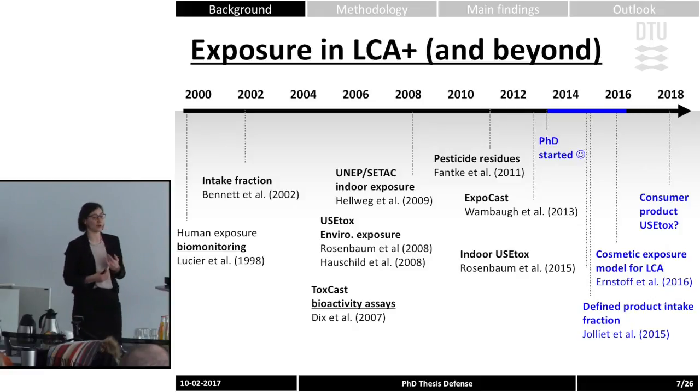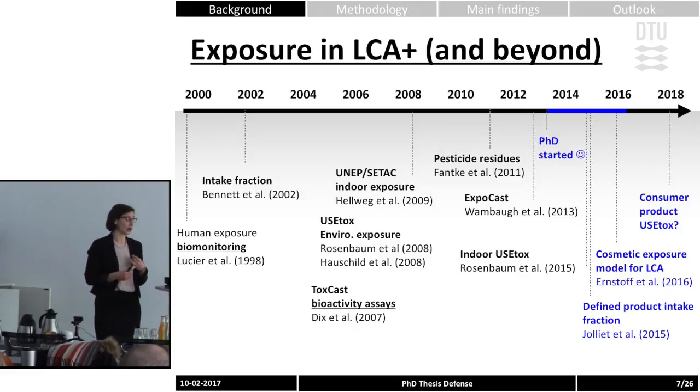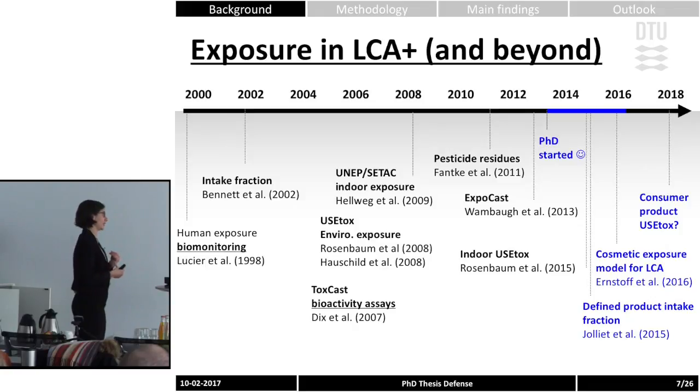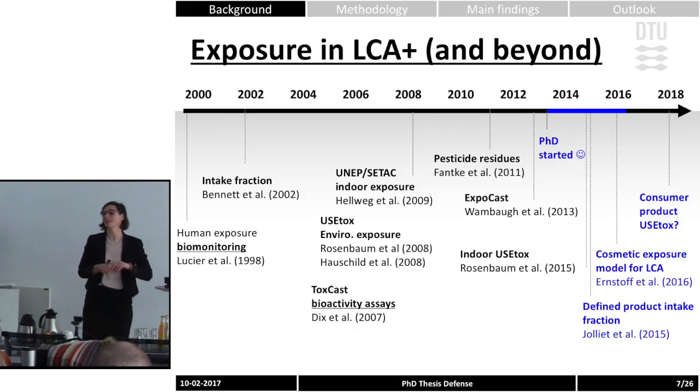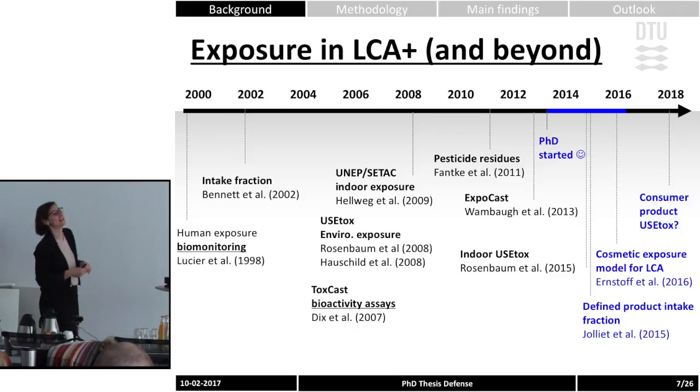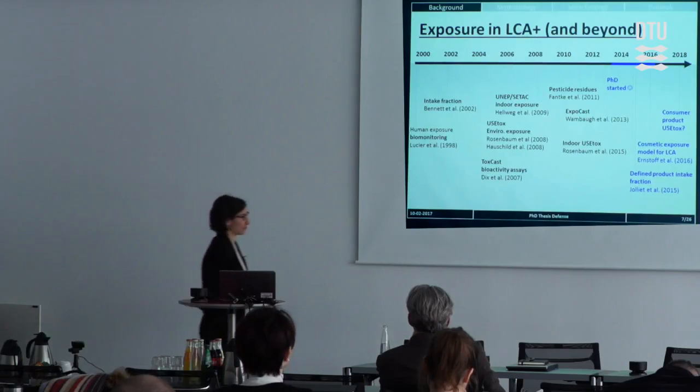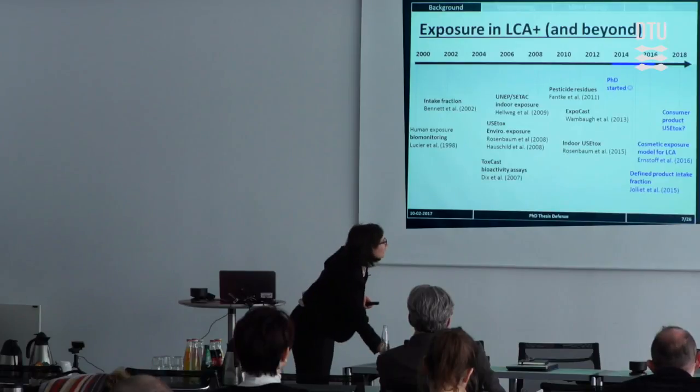But there's been some recent work, really starting back in 2009 with Stephanie Hellweg's work and the UNEP-SETAC Life Cycle Initiative, that's the United Nations Environment Programme and Society for Environmental Toxicology and Chemistry Life Cycle Initiative, looking at indoor exposure, mostly in occupational settings. Also there's work on pesticide residues by Peter Fantke.